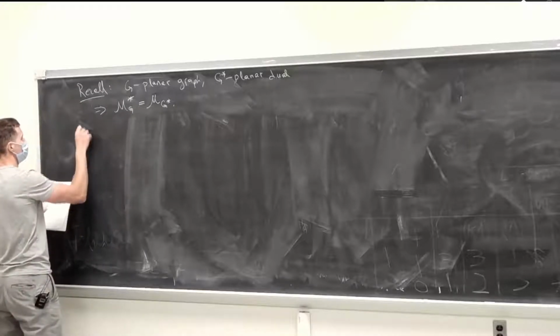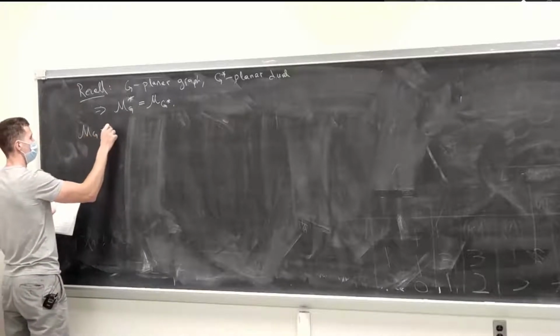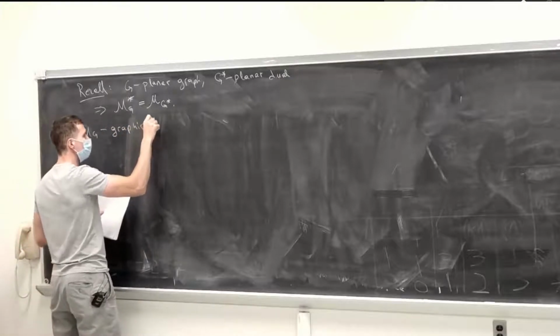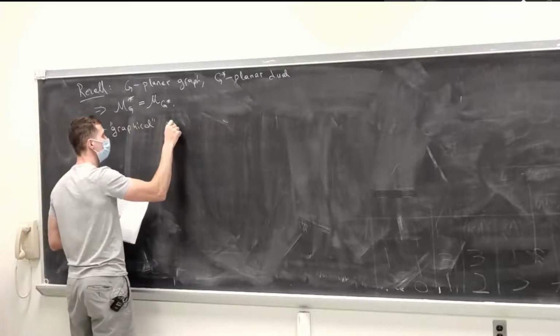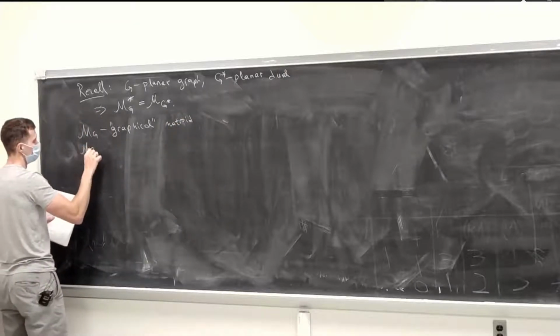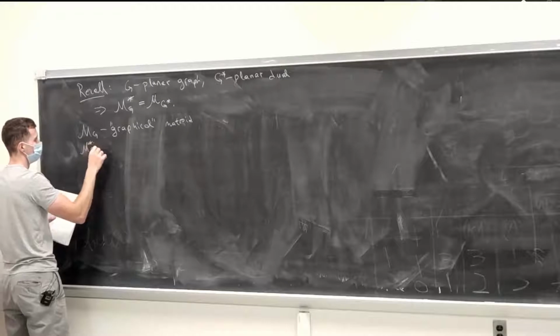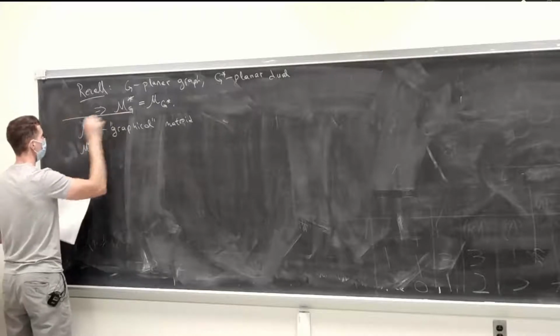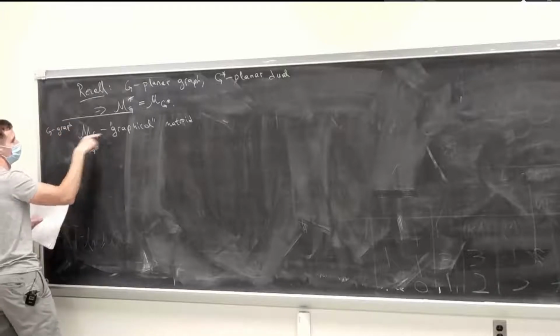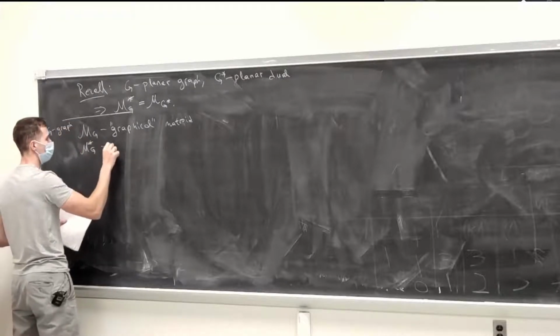In particular, M sub G is called a graphical matroid, while its dual, if this is for G an arbitrary graph, not necessarily planar, is called co-graphical.